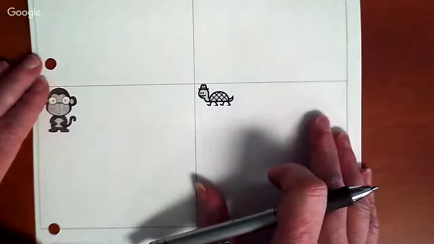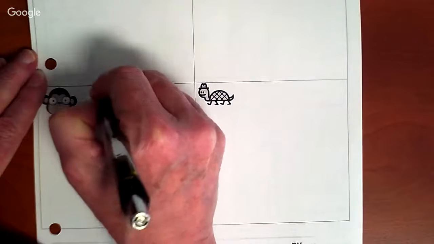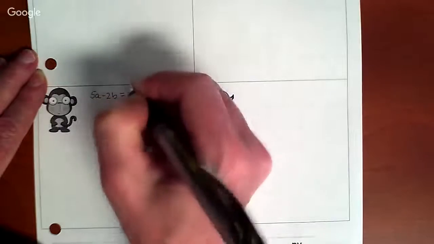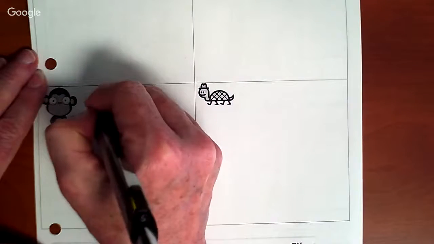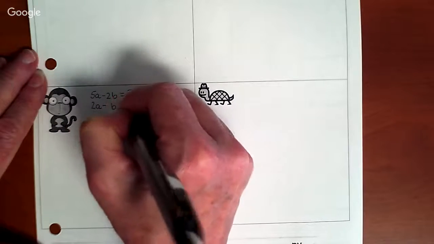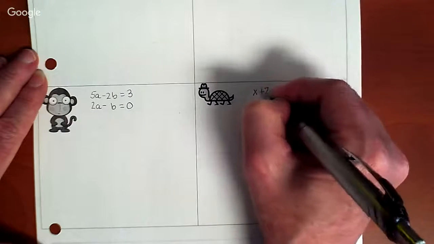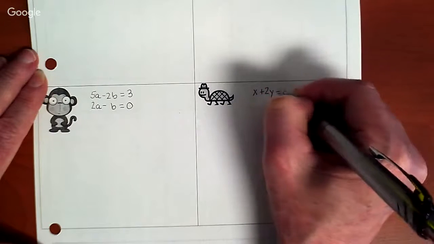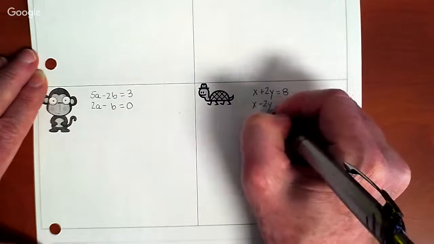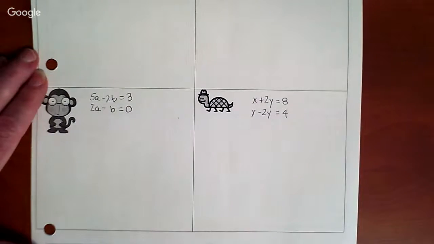Then 5a minus 2b equals 3, and 2a minus b equals 0. The last one is x plus 2y equals 8, and x minus 2y equals 4. And I am going to allow you to work with your partner.